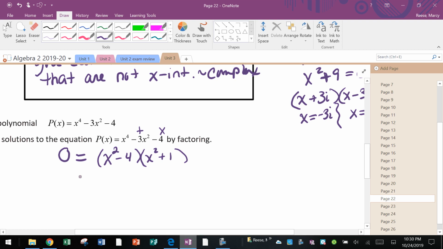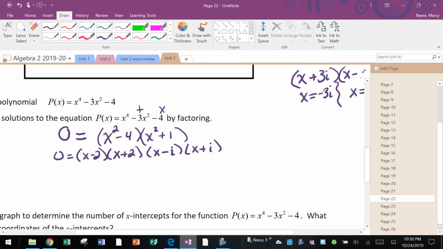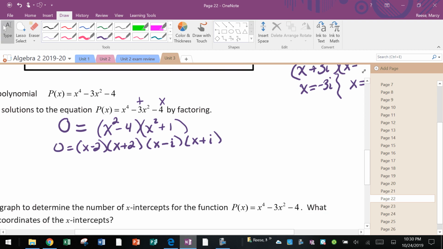And then we're going to take it and we're going to factor it further. We get an x minus 2 here and an x plus 2. And you have an x minus 1i and an x plus 1i. And if you aren't sure about that, you better go back into your notes when we did imaginaries last unit. Because that's called the sum of perfect squares identity that we did.